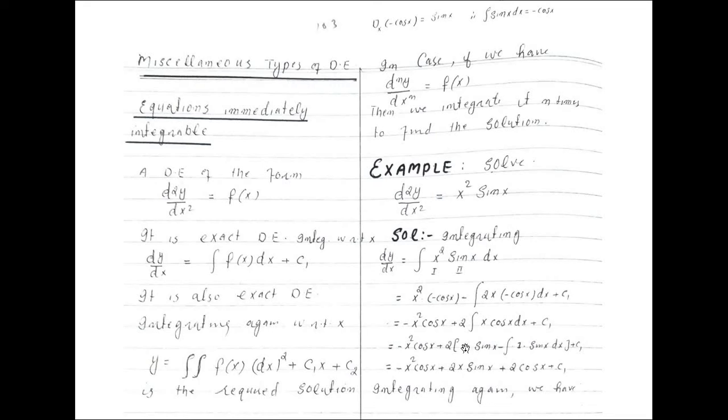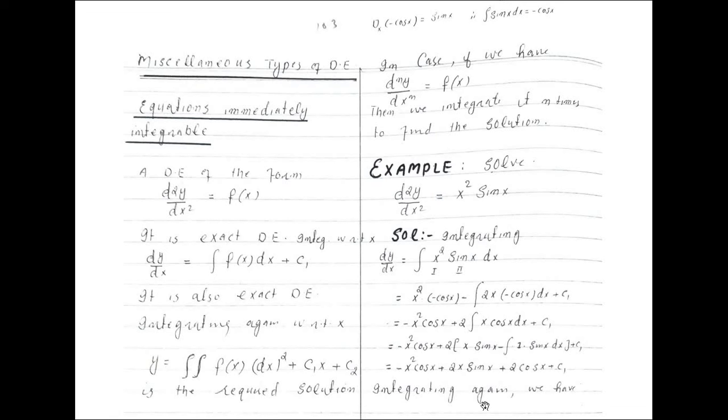Now this will be simplified here, and integral of sine is minus cos. Integral of sine is minus cos, so minus into minus will be plus, and this 2 will be here, and this c1 will be here. So this is the value of this first order derivative.